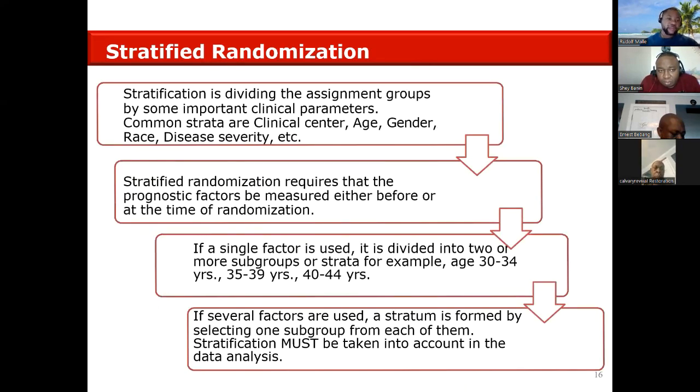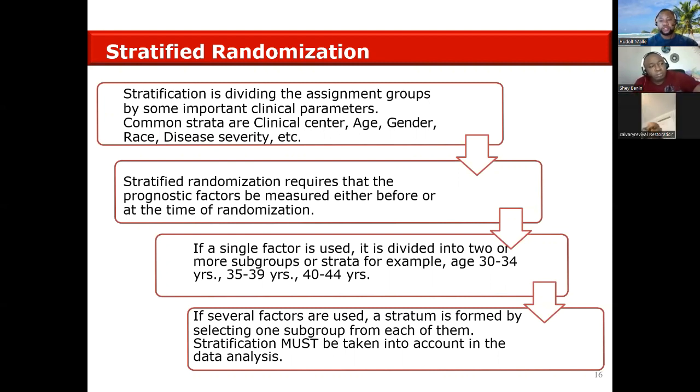So looking at the stratified randomization process, stratified is divided into assignment groups by some clinical parameters. So with stratified, you're looking at subjects within a particular disease center, where they could be divided into different groups, ages, disease severity as well. Stratified randomization requires that the prognostic factors are measured before or at the time of the randomization.